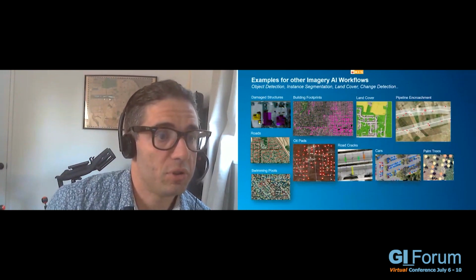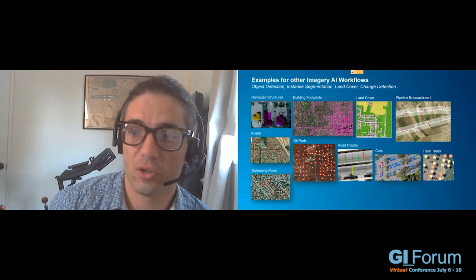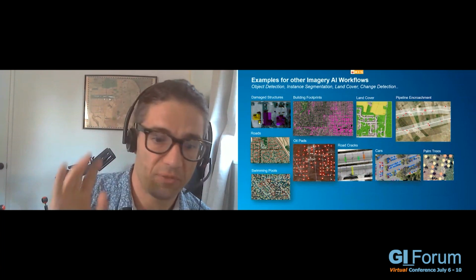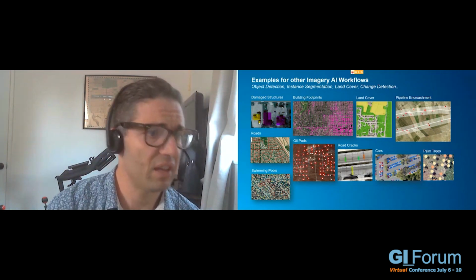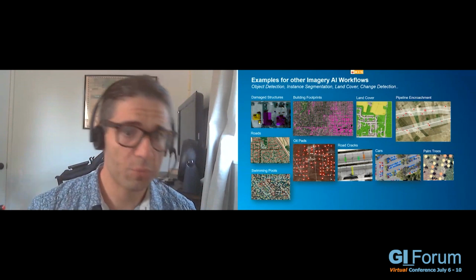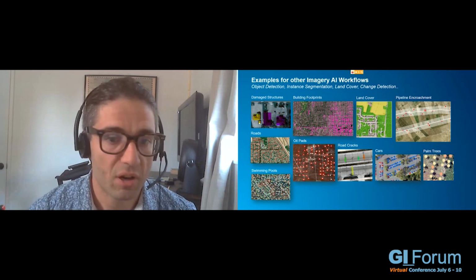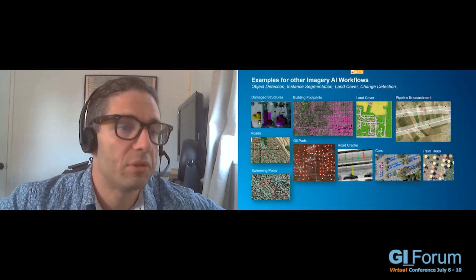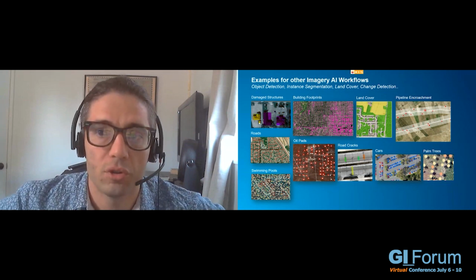And here are the examples of some of the solutions that can be obtained with this intersection of spatial data science between GIS and machine learning. We can detect things like swimming pools, roads, oil pads, building footprints, land covers, pipelines, certain types of trees, cars in a parking lot to gauge the popularity of a place, road cracks to understand the road conditions at a certain location.